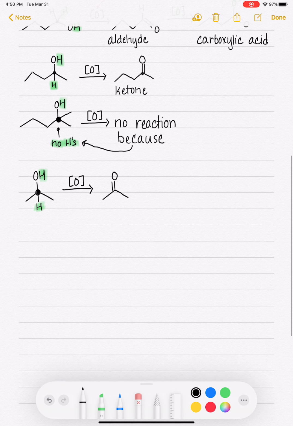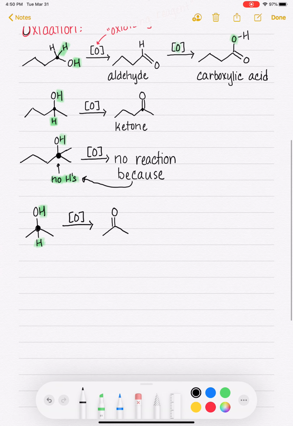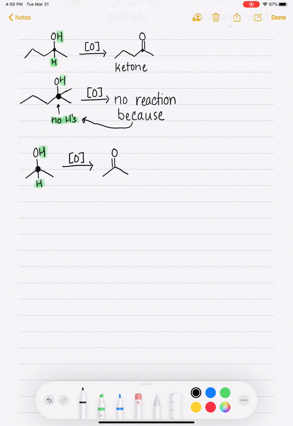Let's try one more. Let's do this one right here, and let's say we're going to oxidize it. I'm going to put this new word here, excess. You know what excess means. It means extra.